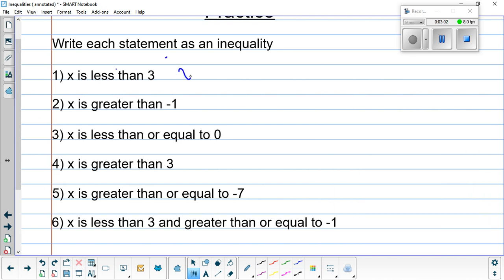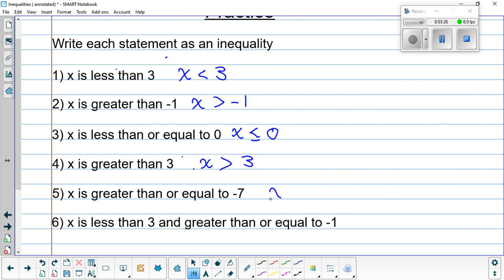So here, x is less than 3. Here, x, the greater than symbol, -1. Here, x less than, oh, but it could be equal, and that's 0. Here we have x, and it's greater than 3.